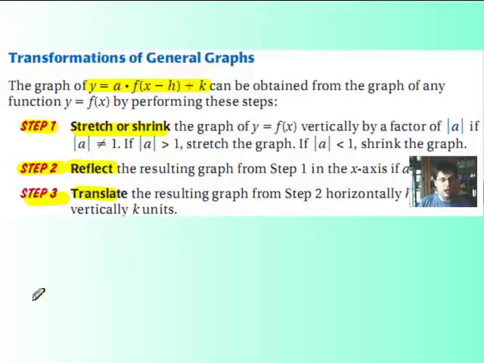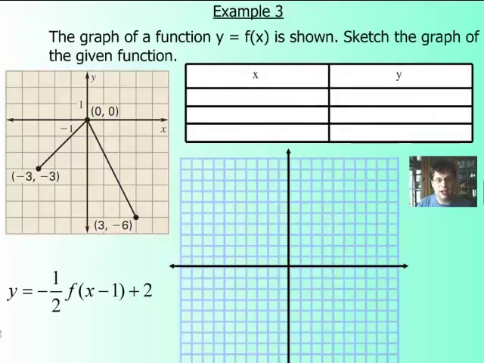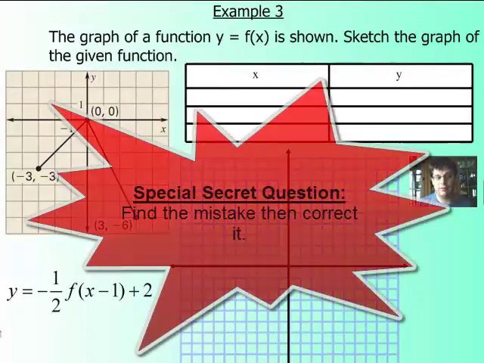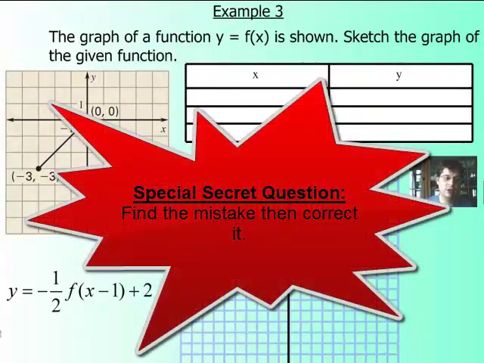So this works for everything, any sort of function whatsoever, even if it's not a clearly defined function that we know of, that we can set a single equation to.